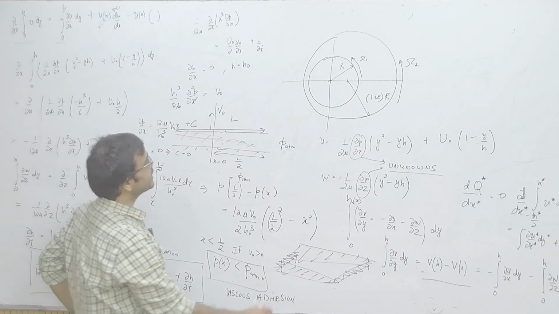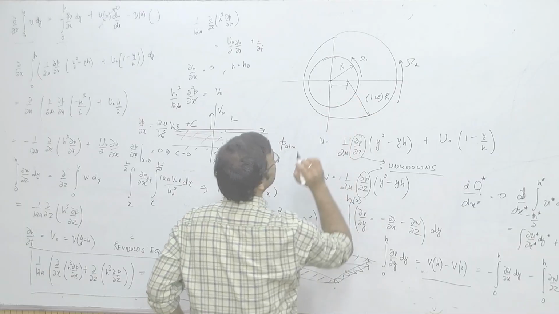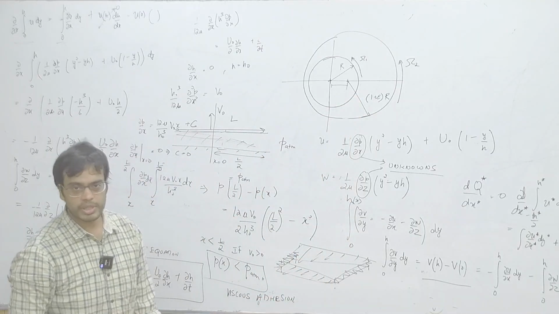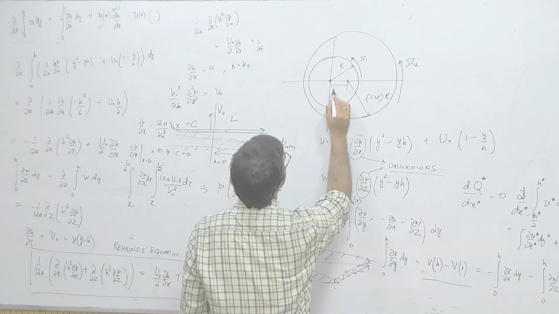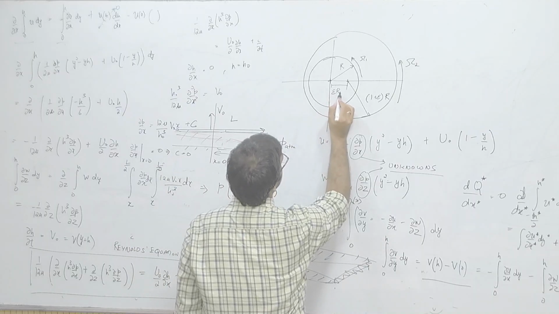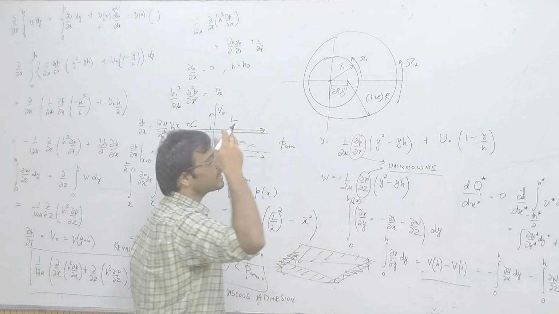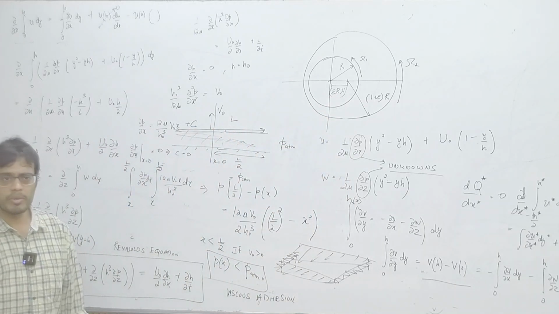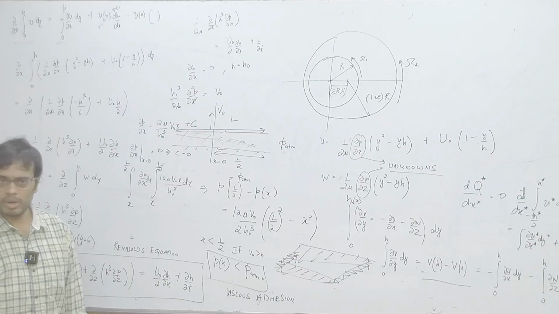The offset between the two centers you can write as epsilon r times some lambda, where lambda is another fraction. It may be order 1, it may be much smaller than 1 or something.